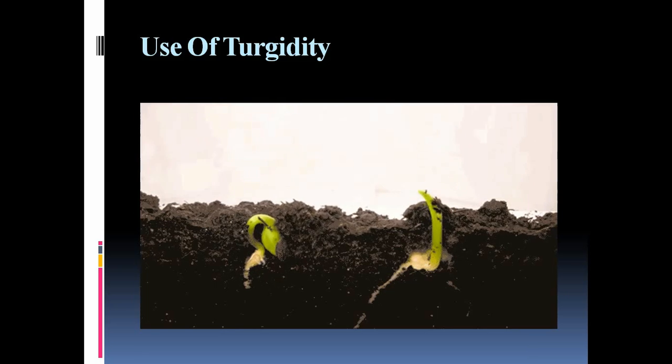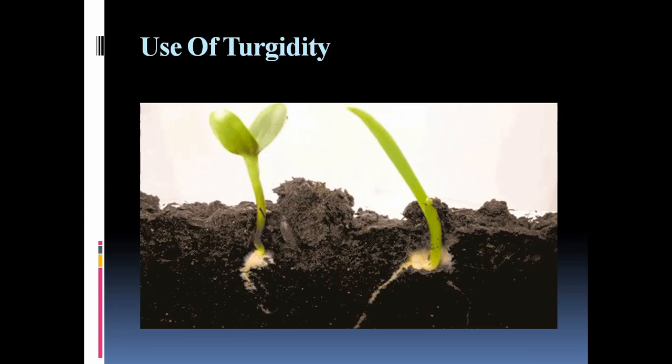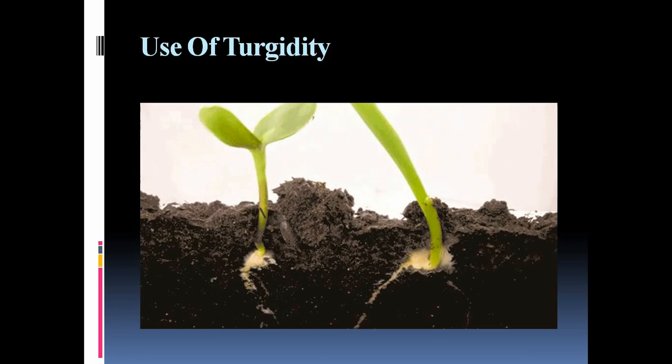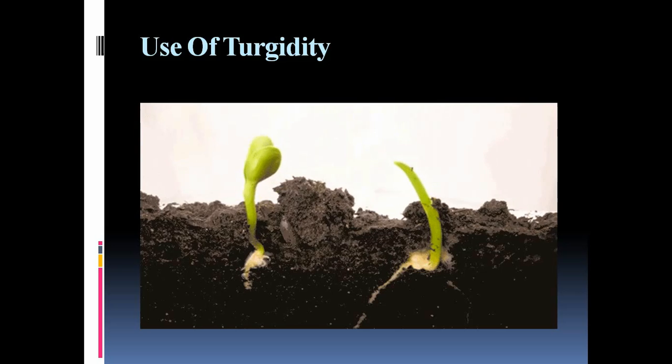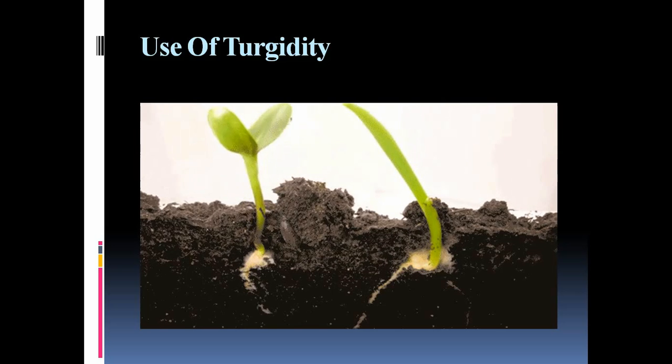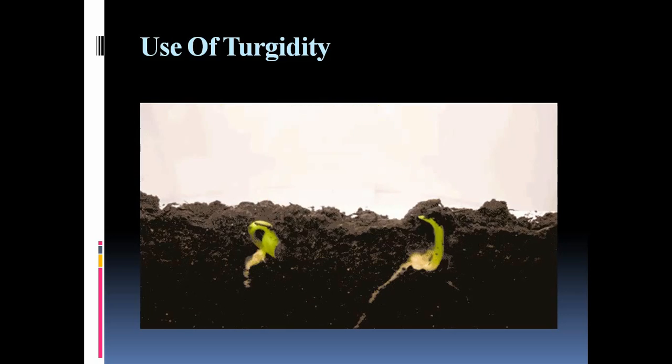Next we come to use of turgidity. Yes, turgidity also plays a very vital role in many other cases, like a very special case in germination. In germination we see that seedlings are pushing through the soil and emerging outward, like you see in the picture.